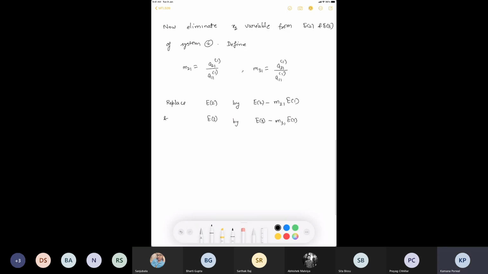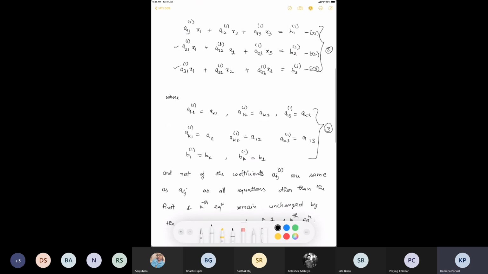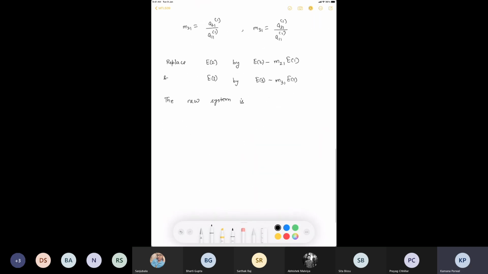So what is the new system after performing this step? In the second and third rows, I will not have x1, and the rest of the coefficients will change accordingly. The first equation will remain as it is.